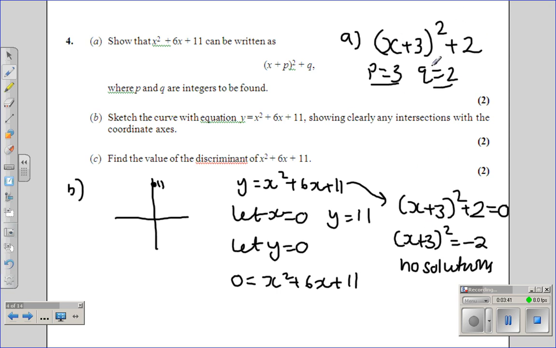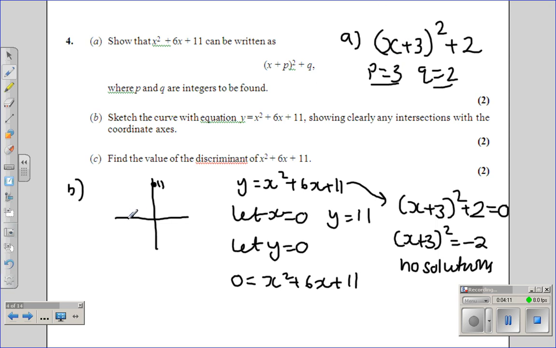The minimum value of this whole function must be when this bit inside the bracket is 0, because as soon as it's not 0, when you square it, it has a value plus 2, you've got a positive value there. So the minimum value this function could take is when x is negative 3, and then you'd get negative 3 plus 3, 0 squared plus 2. So the minimum value is actually 2, and it happens when x is negative 3.